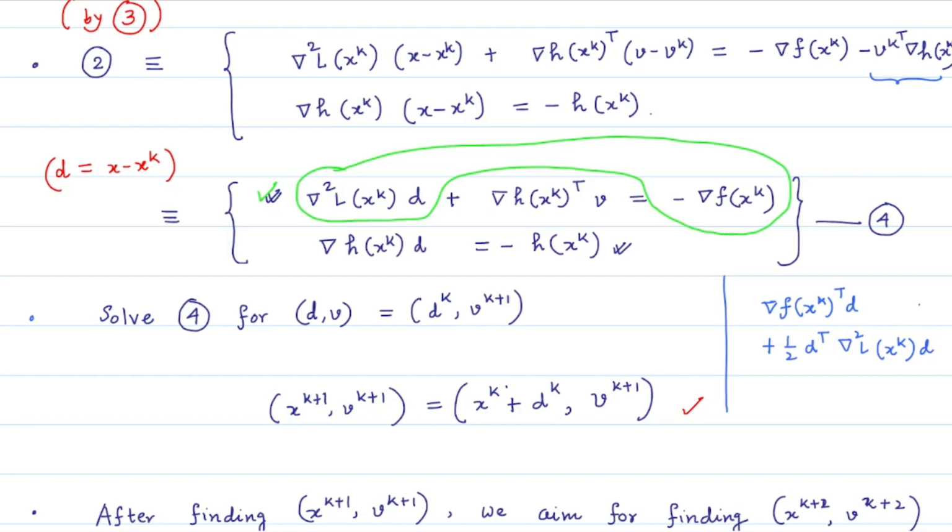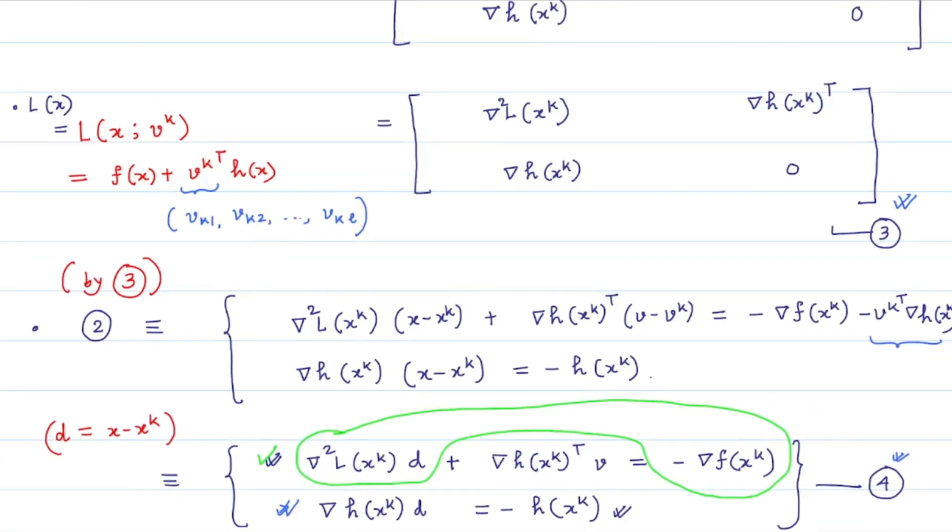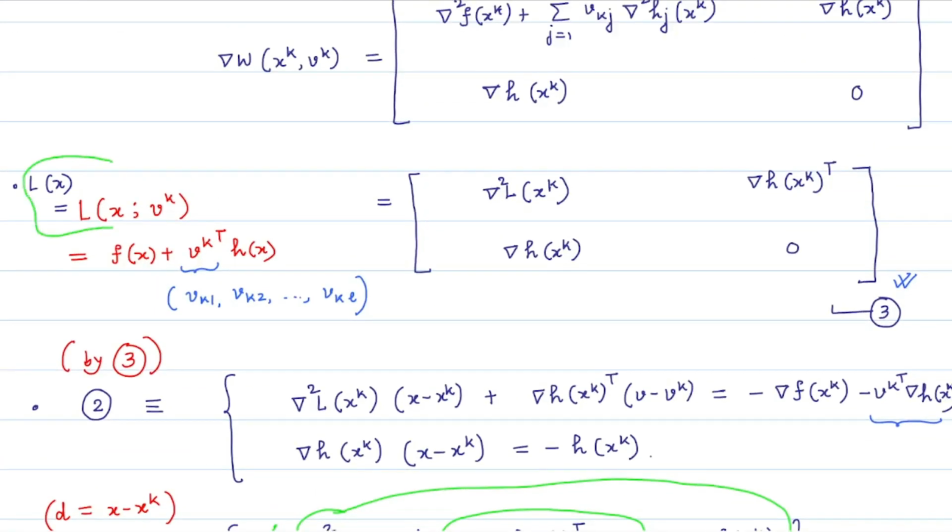You go for taking up this as your objective function subject to this constraint, then you notice that the KKT system of that minimization of this quadratic function subject to these equations is going to give us this system 4. And here I just mention that this L xk is the function that I have written over here, this expression.